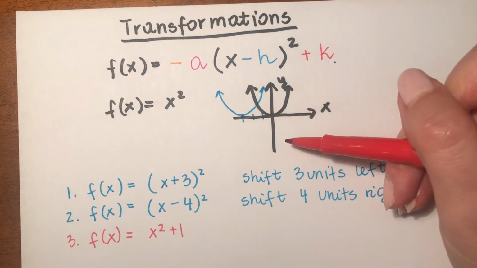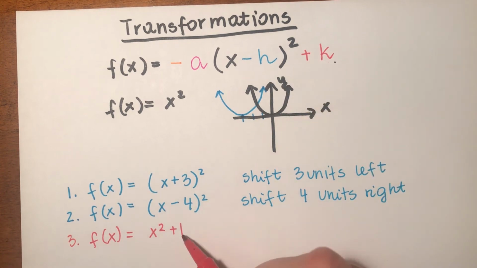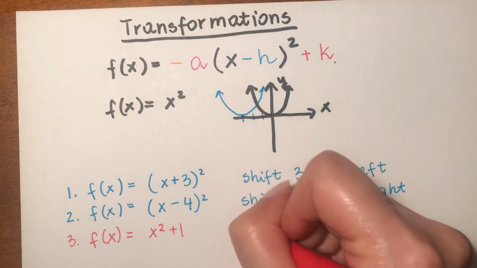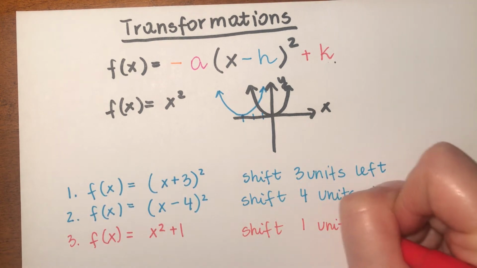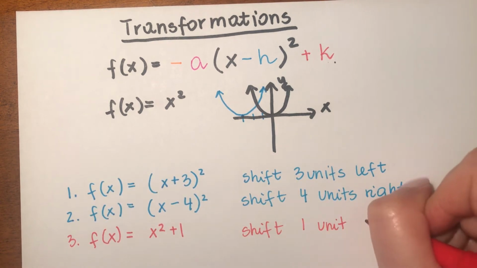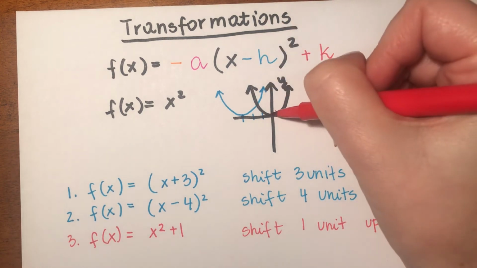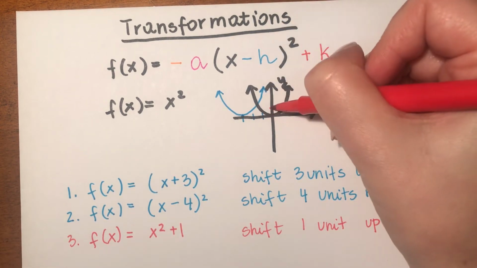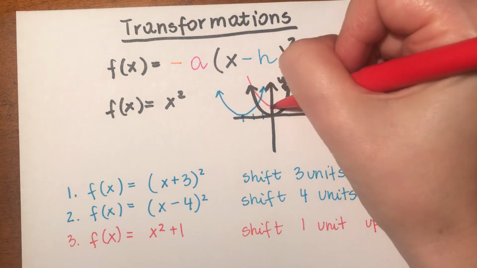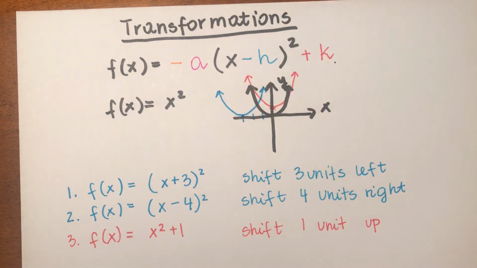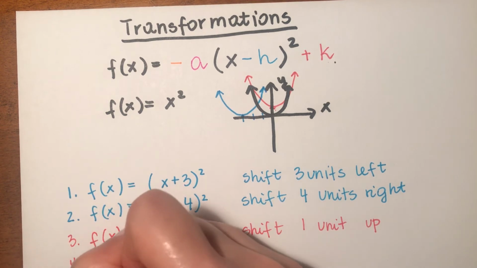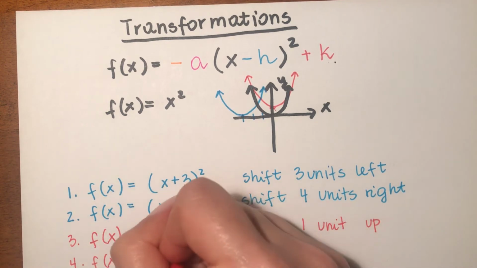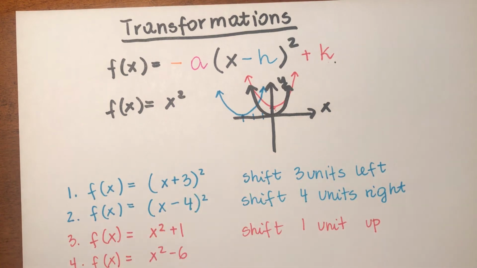Now this time I want you to follow your intuition. So plus 1 means we're going to shift 1 unit up. If I want to sketch this, my original vertex is now going 1 unit up, and everything else stays the same. Now number 4, I have f of x equals x squared minus 6.